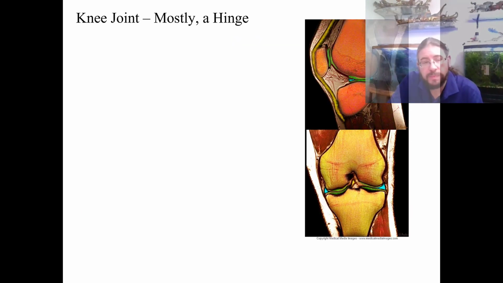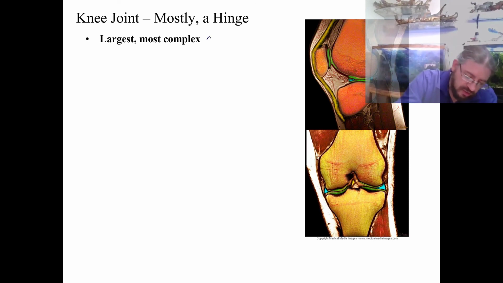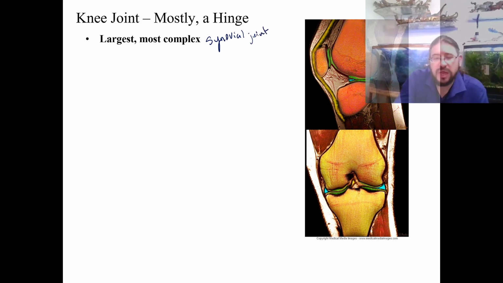So, kind of cool. So, the knee joint is our largest and most complex synovial joint. It strikes a balance between stability versus mobility.